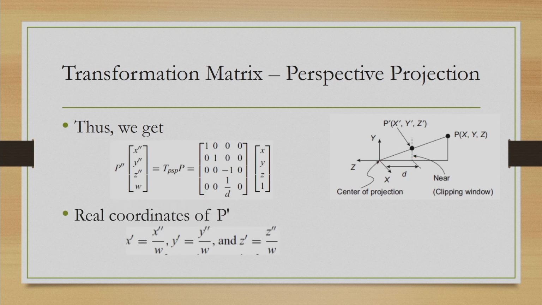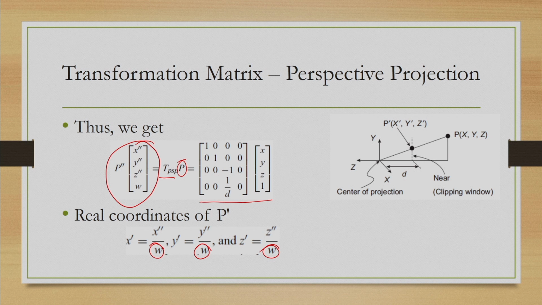Now, like in case of parallel projection, here also what we can do? We can multiply this perspective projection matrix with the original point vector to get the projected point in homogeneous coordinate system, and to get back to the original point, we need to divide it by this homogeneous factor W, and we will see that here again W will not be equal to 1.